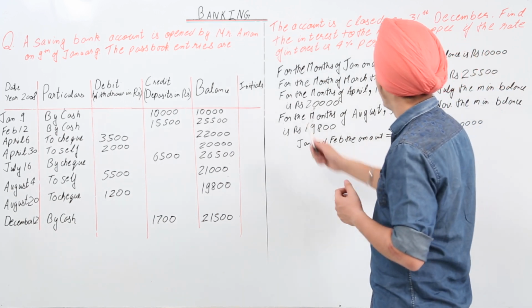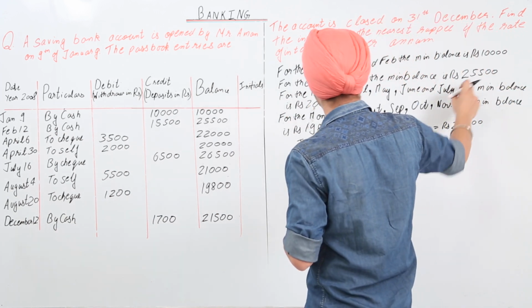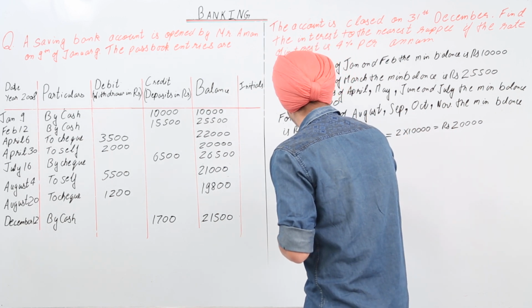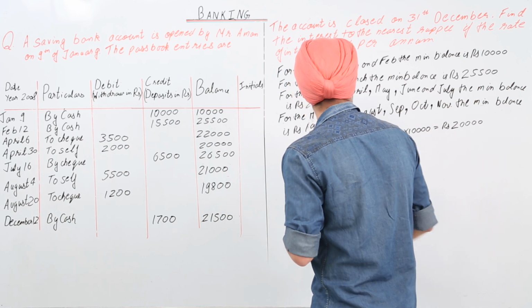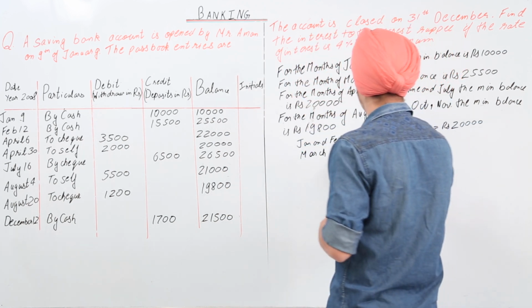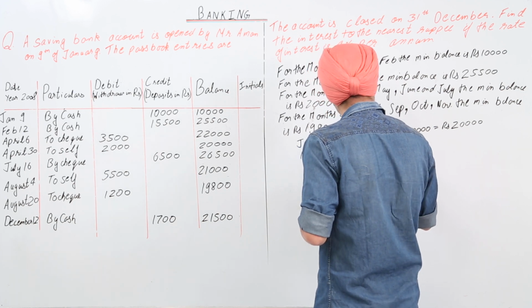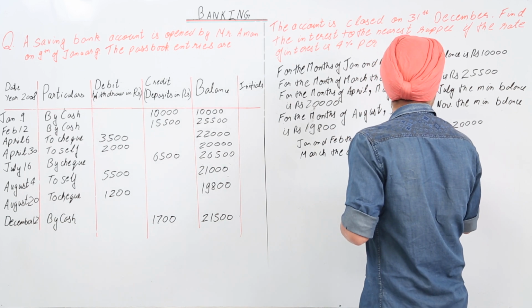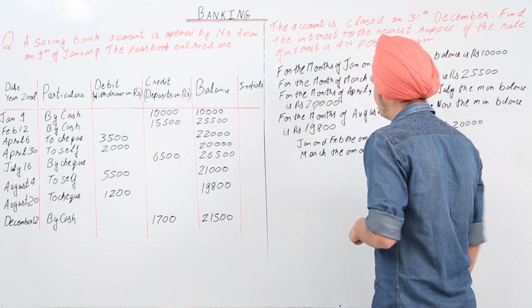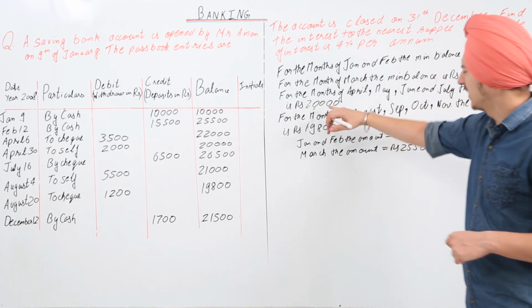Right? So for the month of March, the minimum balance is 25,500. So for March the amount is equal to rupees 25,500 again.